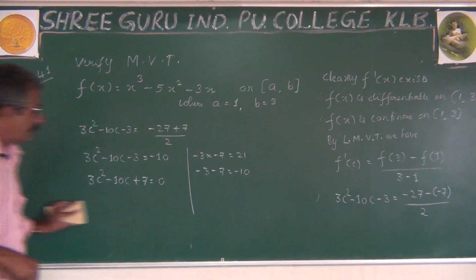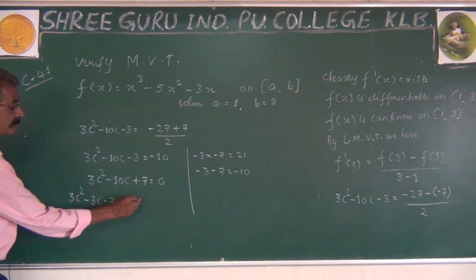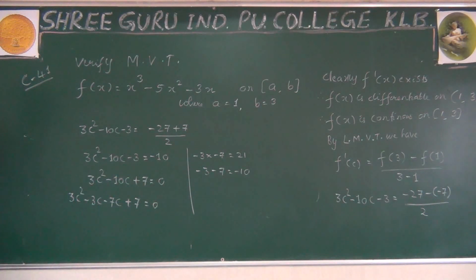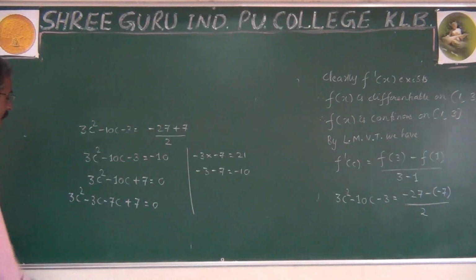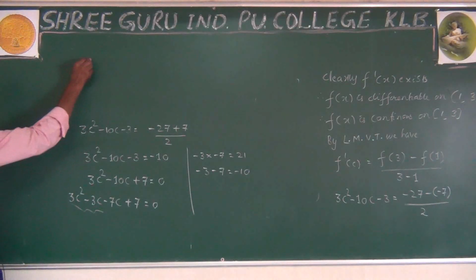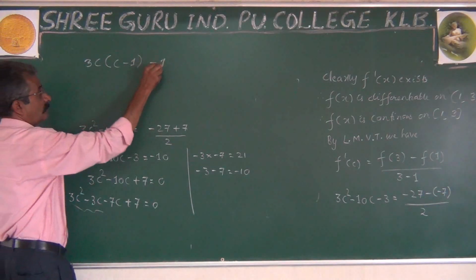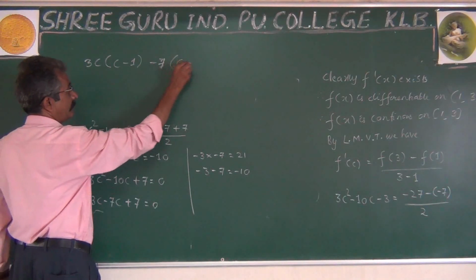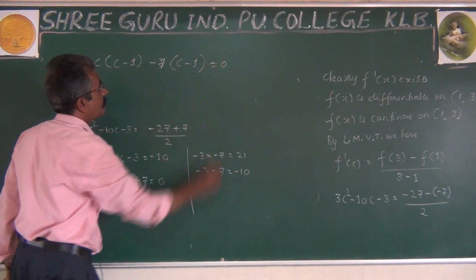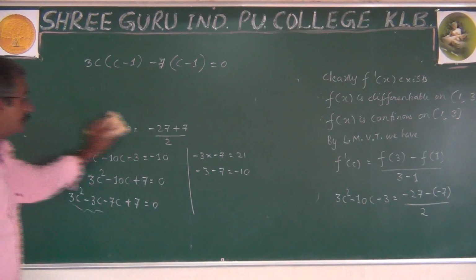Select factors. On factorization we get 3c square minus 3c minus 7c plus 7 equal to 0. In the first two terms 3c common, 3c into bracket c minus 1. Next two terms minus 7 common, in the bracket c minus 1.